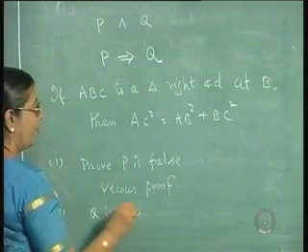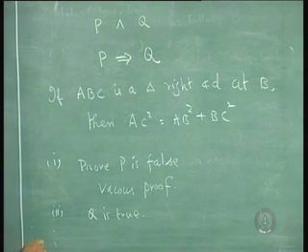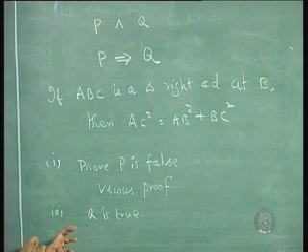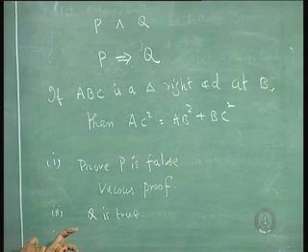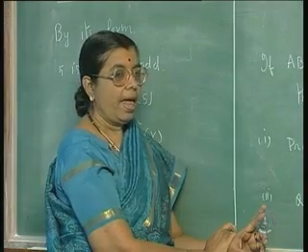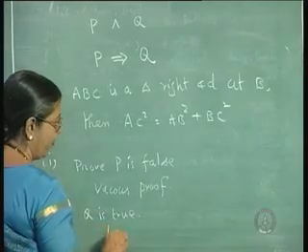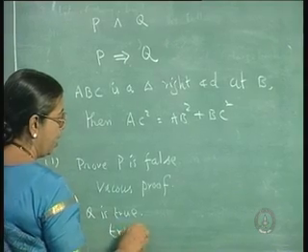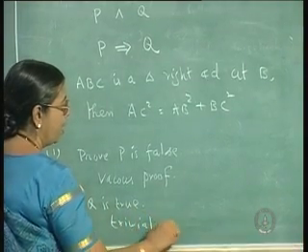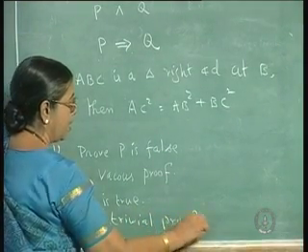Whatever may be P, you may be able to prove Q is true. In that case, the implication P implies Q will be true, and such a proof is called a trivial proof.